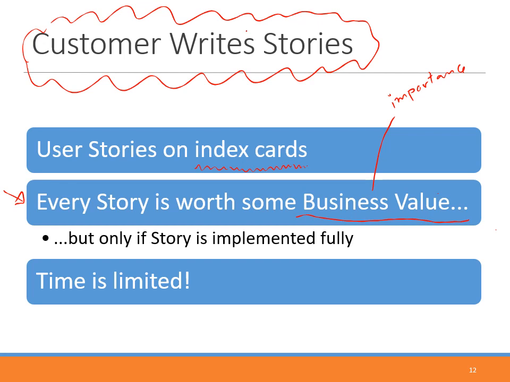But we will be able to earn it only when we have implemented it fully and also passed the acceptance test. And the acceptance test is tested by the customer. And remember that within each sprint, time is limited.